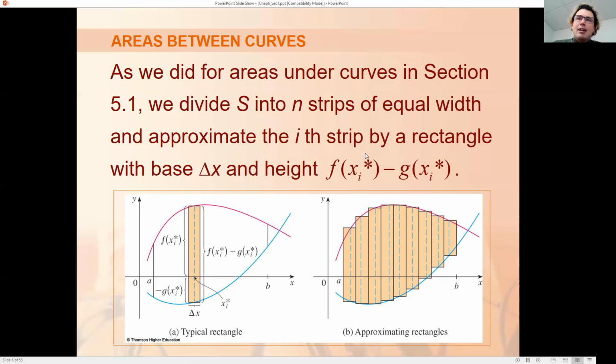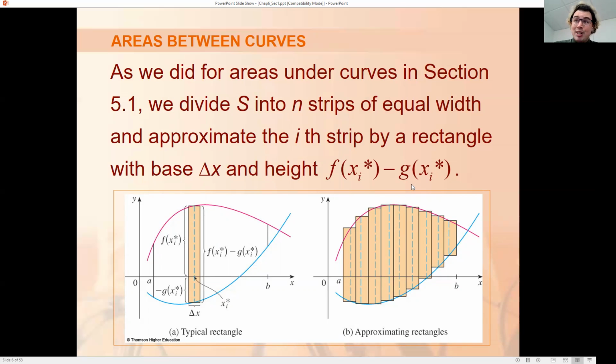Abstractly, I can say, what is the height of the ith rectangle? Well, I'm going to pick some coordinate xi star, and I'm going to use that xi star coordinate, my sampled value, in order to calculate both functions at the very same x coordinate.